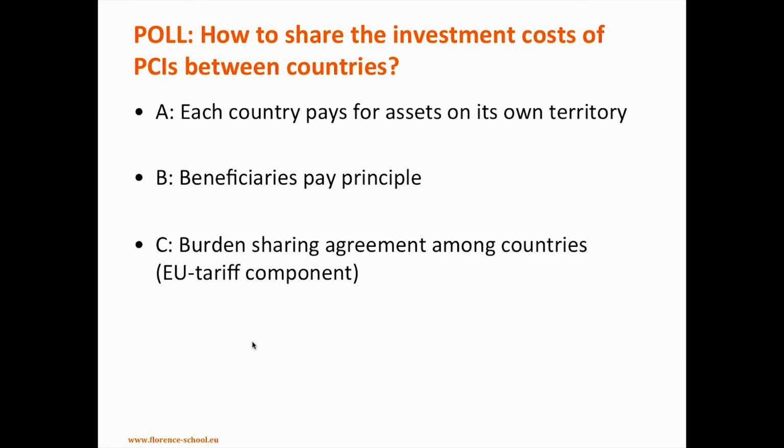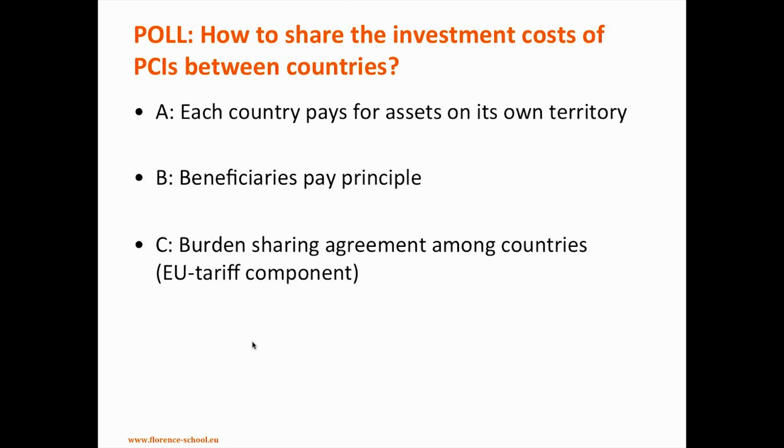But I deliberately used the wording burden sharing agreement because that's what we did when we had the 2020 targets. At the 2020 targets discussion, we did agree that all of us should invest in renewables, and then we had a discussion on which country should carry which burden.